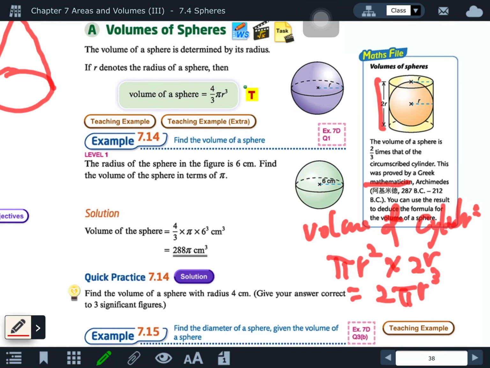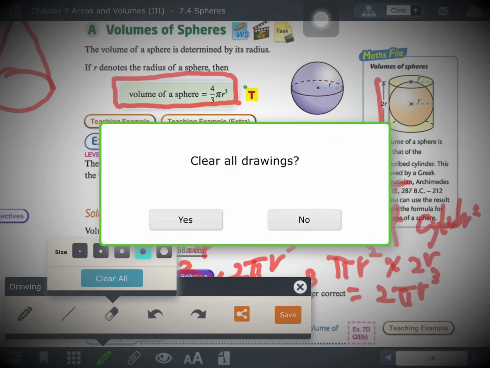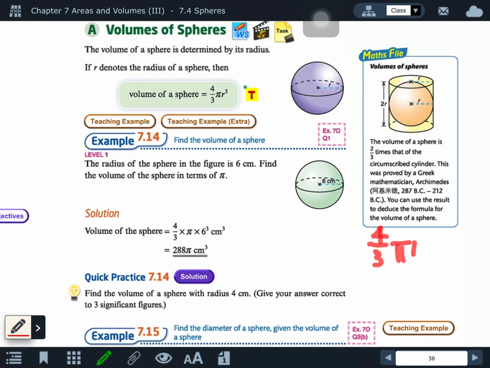And since the volume of a sphere is 2/3 times this, we multiply it by 2/3, and we will have 4/3 pi r cubed, which is exactly the formula we have to memorize. If you really don't get it, it's okay, because all we need to do is memorize 4/3 pi r cubed as the volume of a sphere.